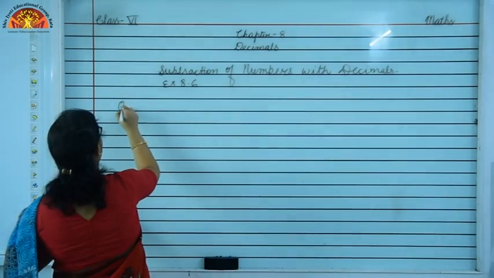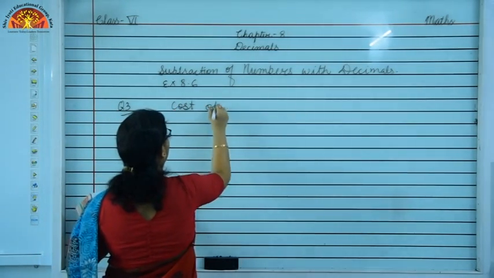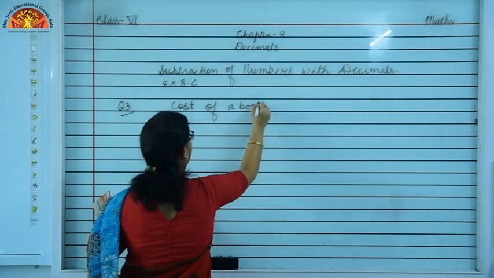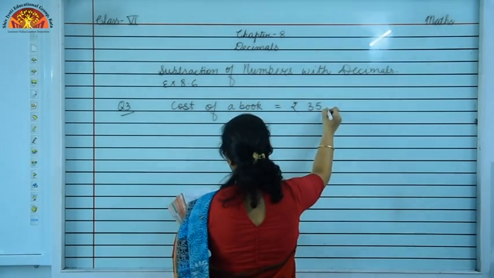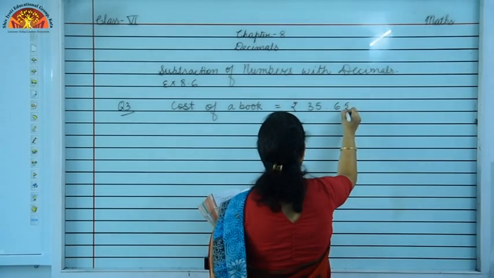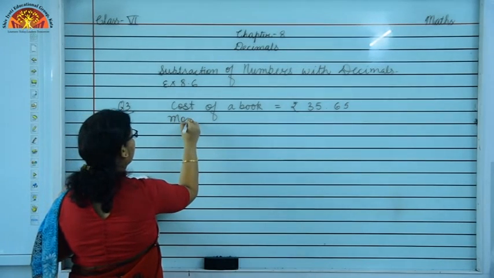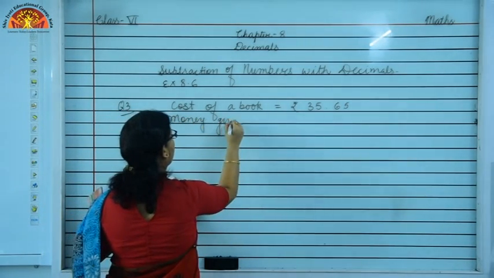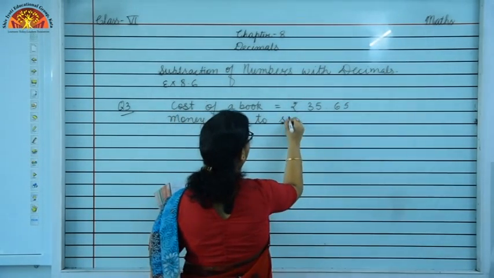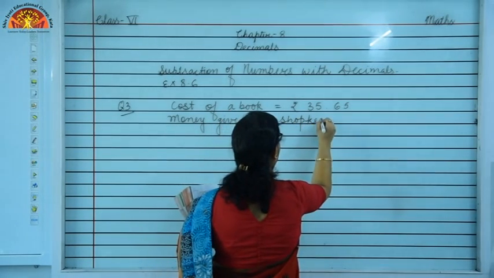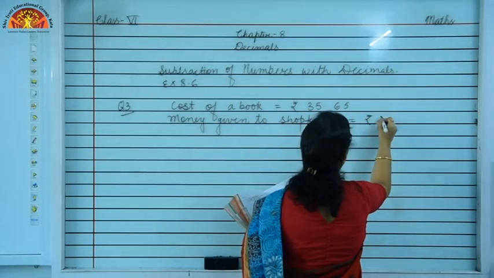Now write statements. Cost of a book is equal to rupees 35.65. Now money given to shopkeeper is equal to rupees 50.